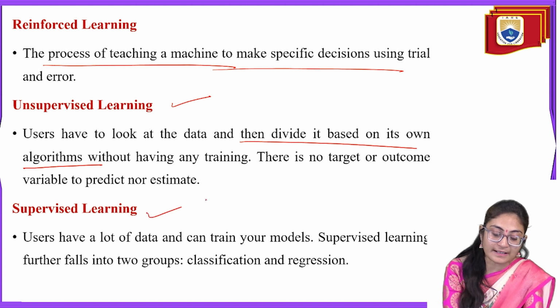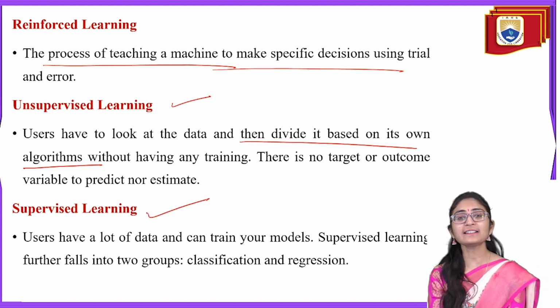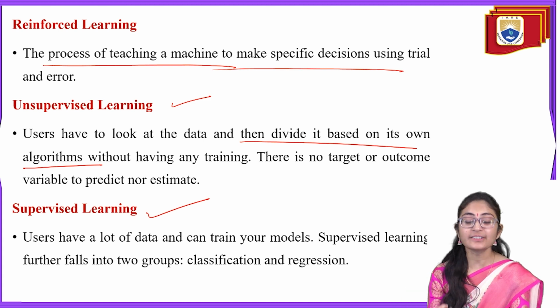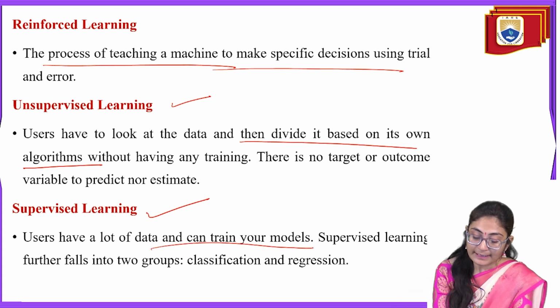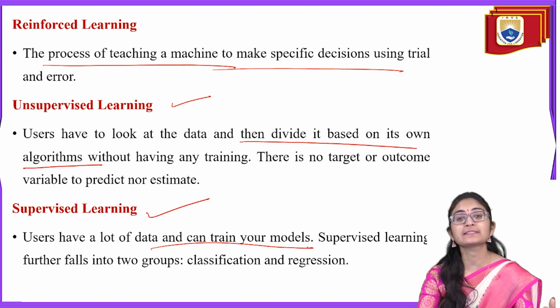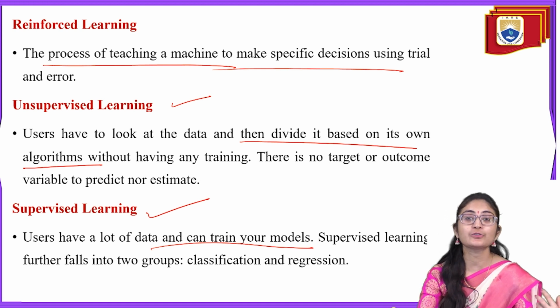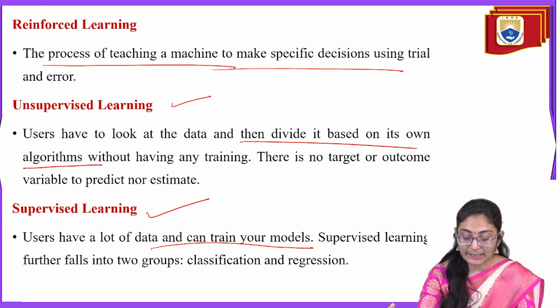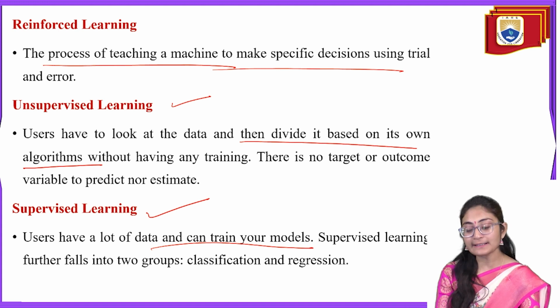Then supervised learning. In supervised learning, users have a lot of data and can train their model. That means if you have a dataset, you train your model, and on that basis you get the result.